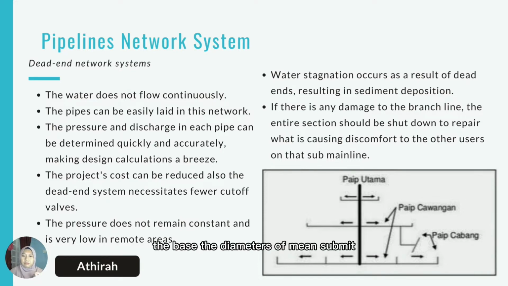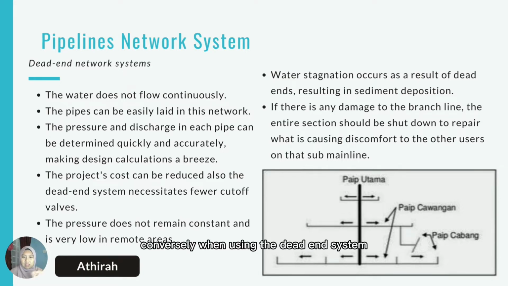The diameters of main, submain, and also the branch pipes can be designed to meet the populations needed. As a result, the project cost can be reduced, and also the dead-end system necessitates fewer cut-off valves.